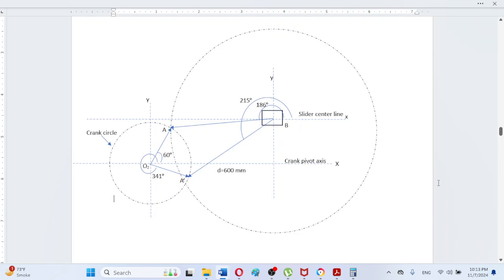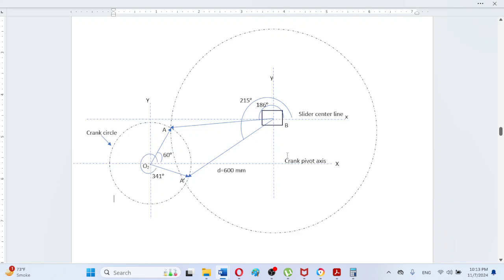The slider is in the first quadrant, and the slider is the input. The brief procedure for drawing this mechanism is that we will first of all define the global coordinate system whose origin is at point O2, the crank ground pivot.